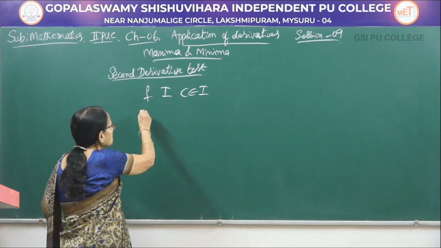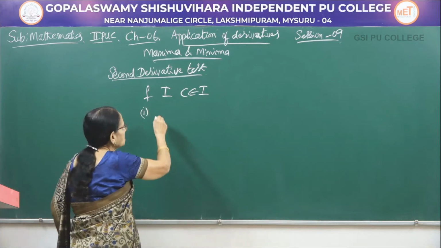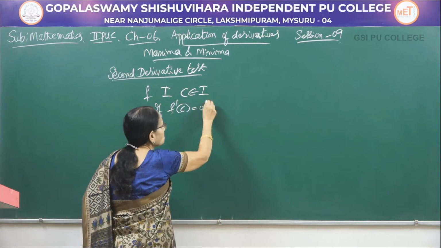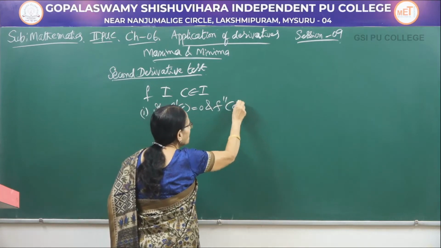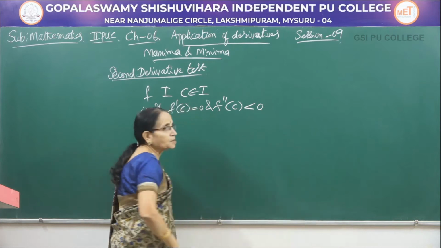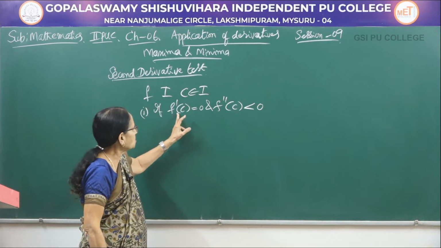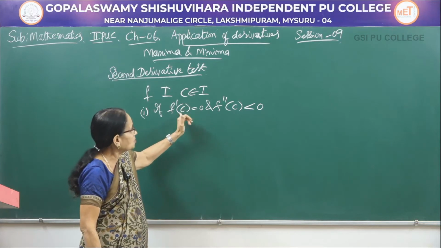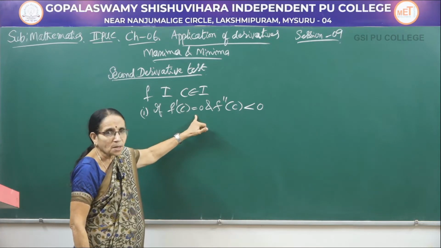So, f is a function defined on an interval, C is a point in the interval, and the function is twice differentiable at the point C. Now, three cases we consider here. If f dash C is equal to 0 and f double dash C is less than 0. When you take f dash x equal to 0, you get the values of x, that means you find the critical point.